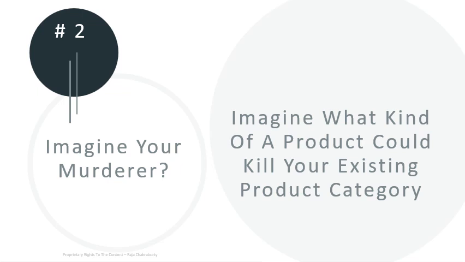I mean, simply, when the internet was there and the publishing industry was there, I'm sure if some of the big publishing houses had started imagining what could kill publishing tomorrow, somebody would have definitely thought, what if books are not required to be printed anymore?